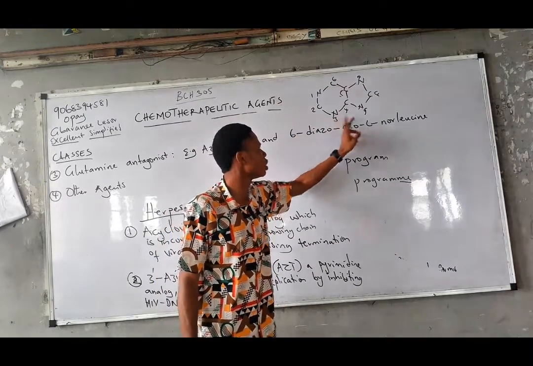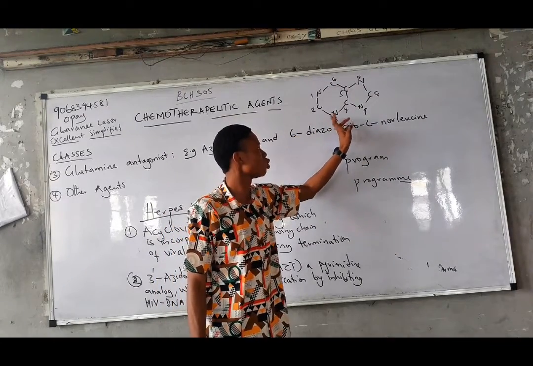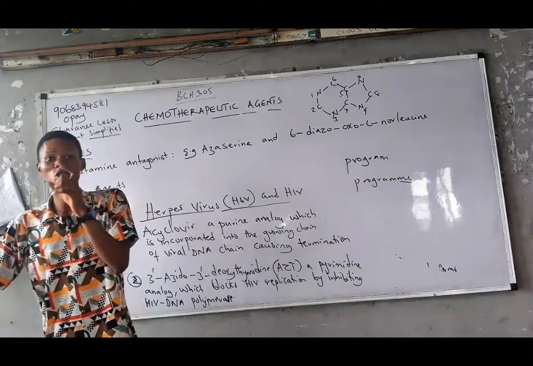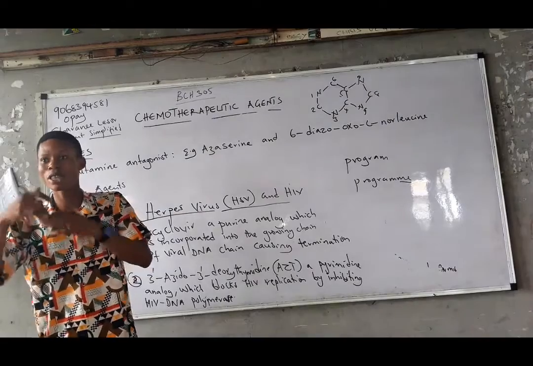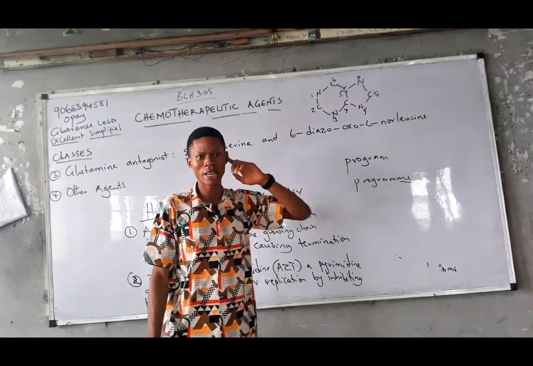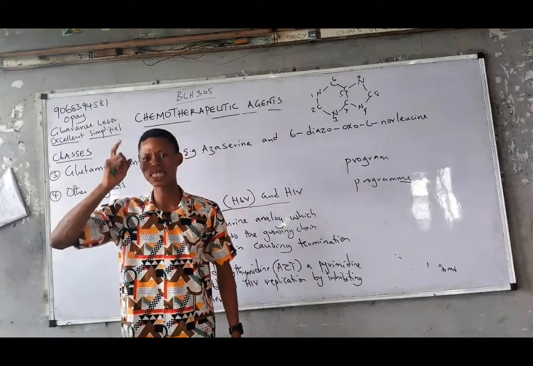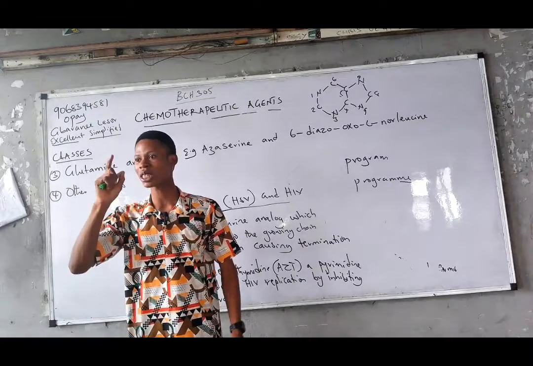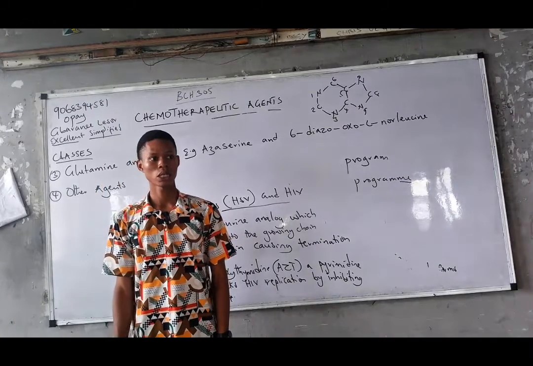Now, nitrogen 3 and nitrogen 9 come from glutamine. Glutamine is very important here, because if glutamine is not there, where do we get nitrogen 3 from? Where do we get nitrogen 9 from? In fact, the first thing that was formed was nitrogen 9 in purine synthesis.